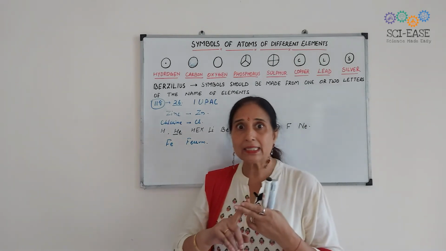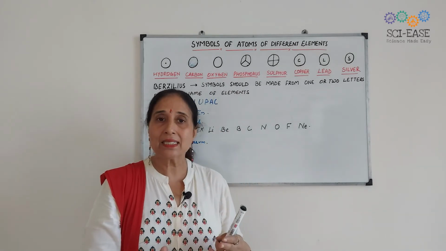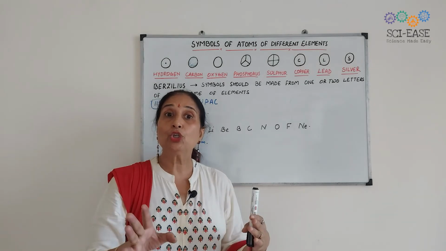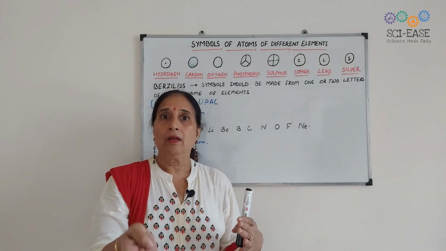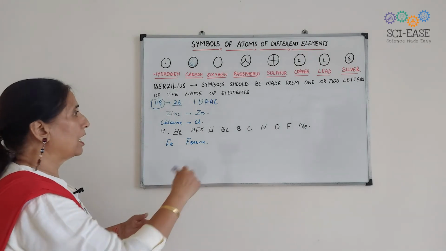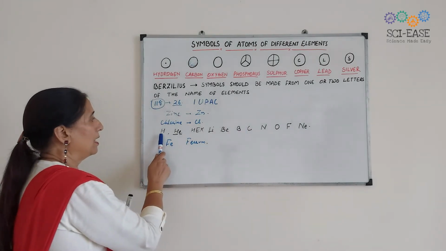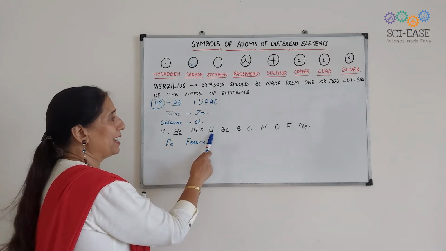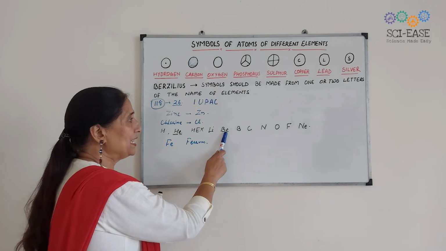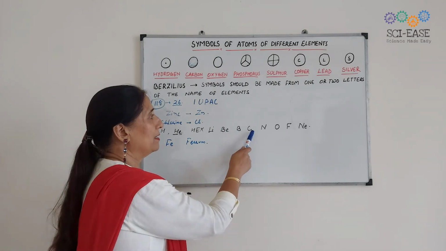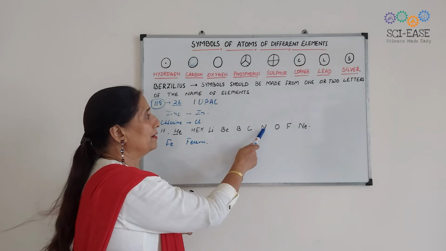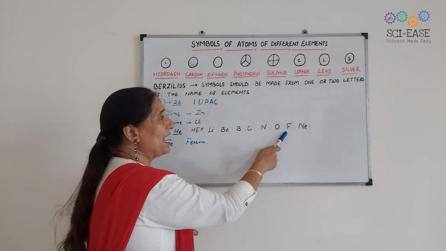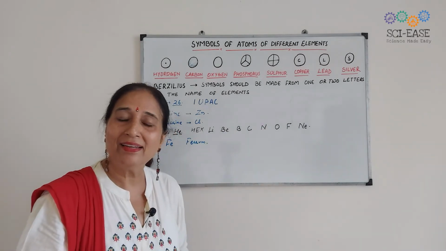So the various symbols, you should memorize, from atomic number 1 to 20. That should be on your tips. Like I have taken up to 10: hydrogen H, helium He, lithium Li, beryllium Be, boron B, carbon C, nitrogen N, oxygen O, fluorine F, and neon Ne.